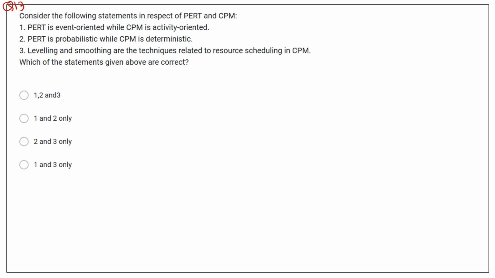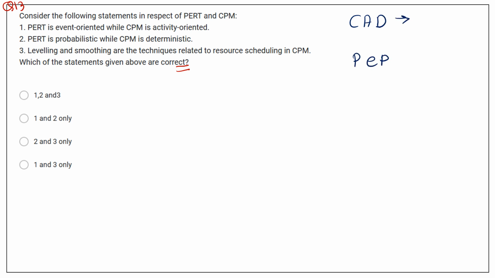Consider the following statements in respect of PERT and CPM. So consider these statements, and next is which of the following given above are correct statements. So here the first statement is PERT is event oriented while CPM is activity oriented. There is one trick I mentioned in the previous video, that is CAD, and second is PEP.